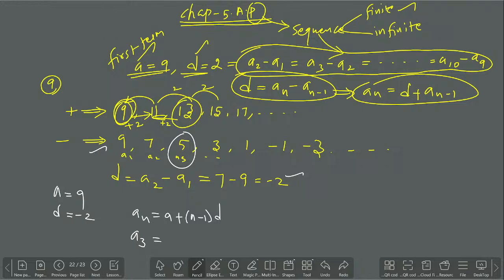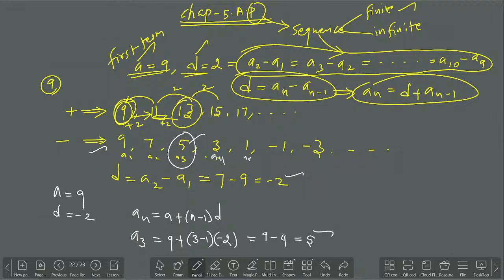A3 equals A value 9, n value 3 minus 1, D value minus 2. I should get the same answer. Let me check. 9 plus 3 minus 1, that is 2, plus 2 into minus 2, minus 4. Then 9 minus 4 equals 5. I am getting 5.